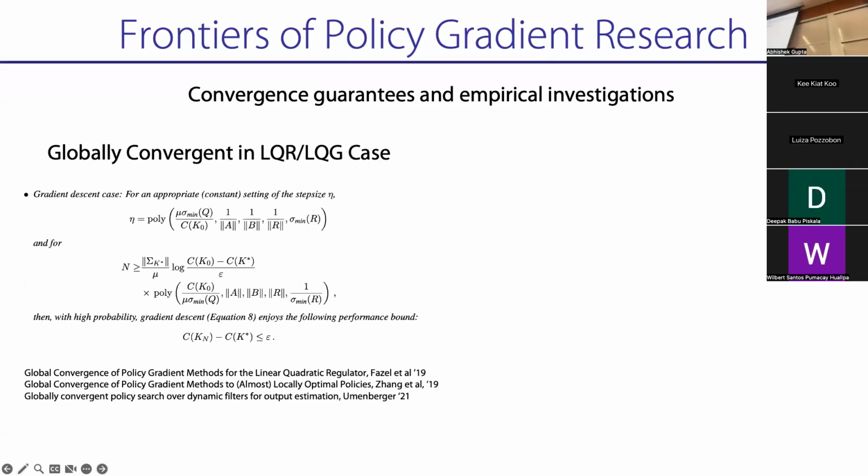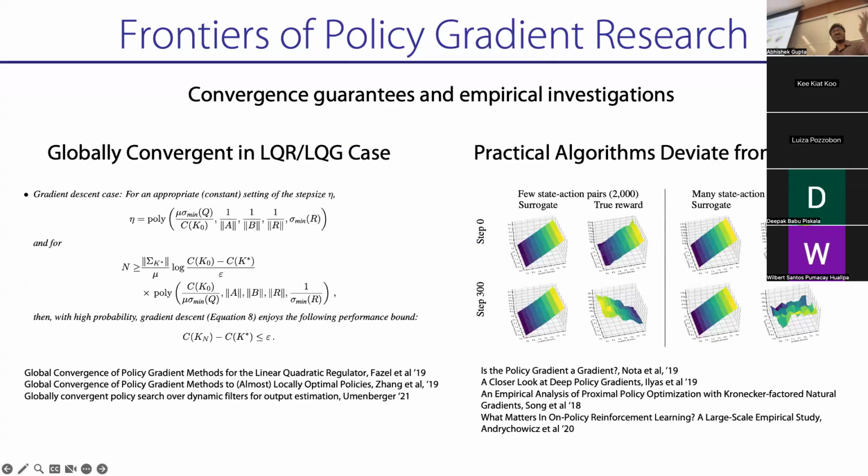Some of you work on these kinds of convergence questions, but generally there are proofs in the LQR, LQG case for the global convergence of policy gradient, some of them from UW. But it's not that well understood in the deep learning case, either theoretically or empirically. Even empirically, you'll find that policy gradients are often making egregious approximations.